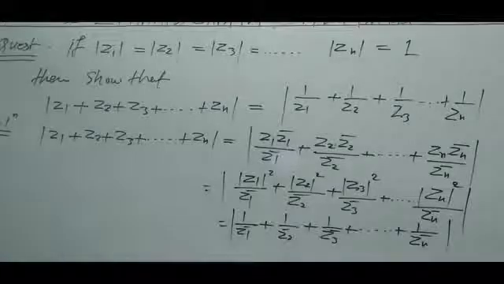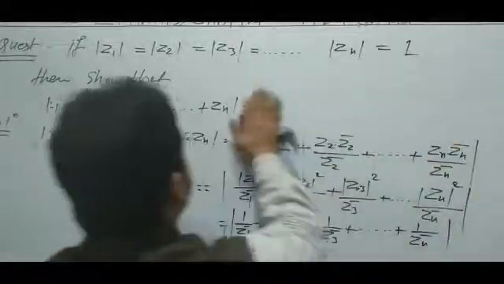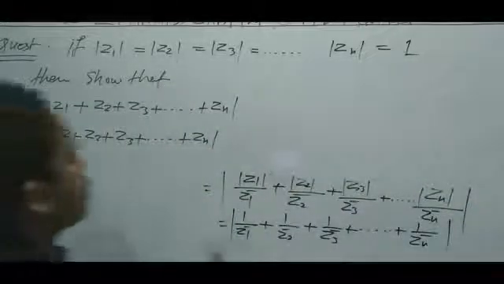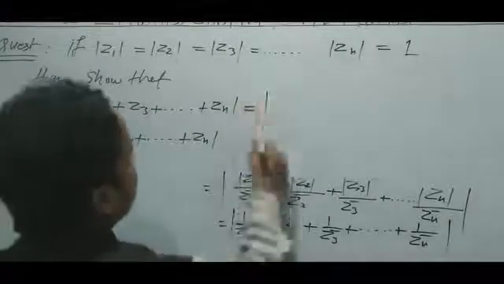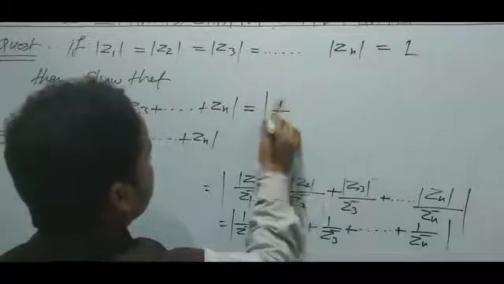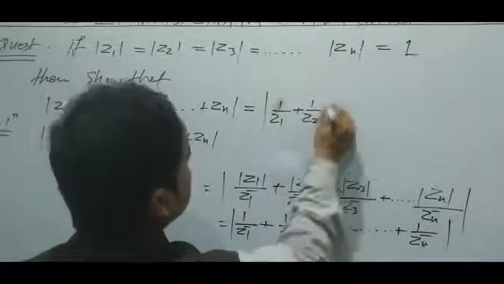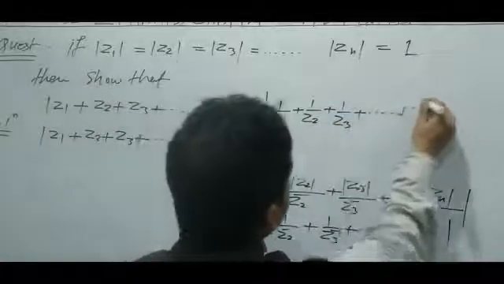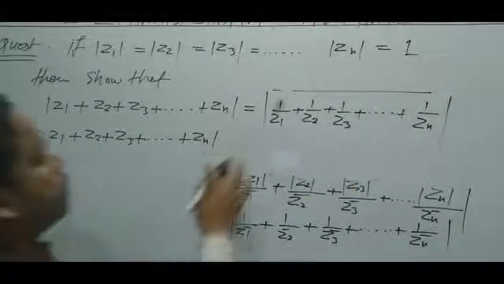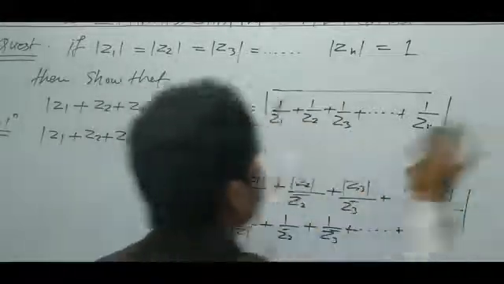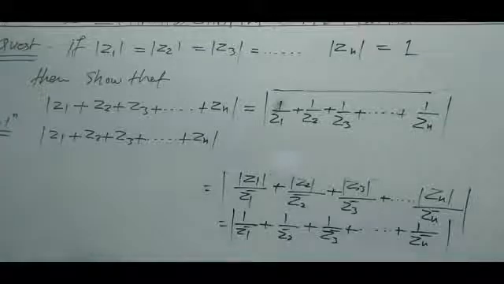Now 1 upon z1 bar in mod, this whole term we can write as 1 upon z1 plus 1 upon z2 plus 1 upon z3 plus up to 1 upon zn in mod, in a mod and in conjugates, because the conjugate of the sum of n natural numbers is equal to the sum of their conjugates. So this one we can write this.